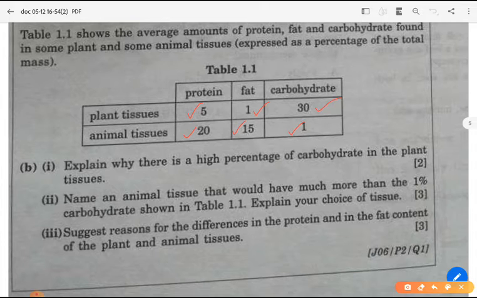Now the second part is, name an animal tissue that would have much more than the 1% carbohydrate shown in table 1.1. Explain your choice of tissue. We have to name an animal tissue that has a much higher concentration of carbohydrate, more than 1%.